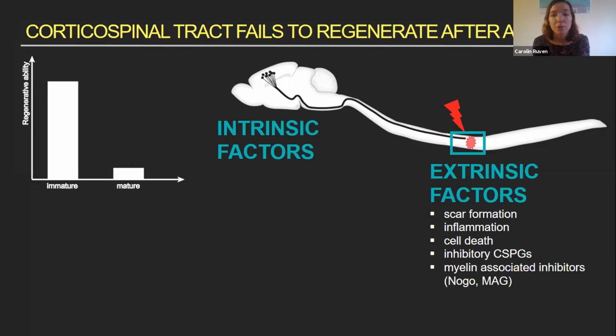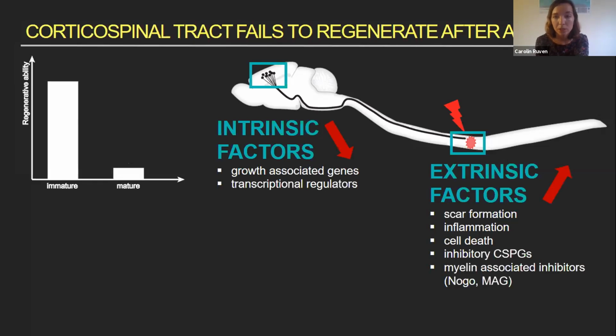Most of these processes are known to become more prevalent with age. At the corticospinal neuron level, there are different growth-associated genes and transcriptional regulators that control axon regeneration. In adulthood, these developmental growth genes are down-regulated.